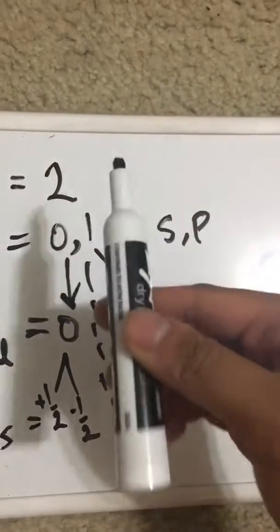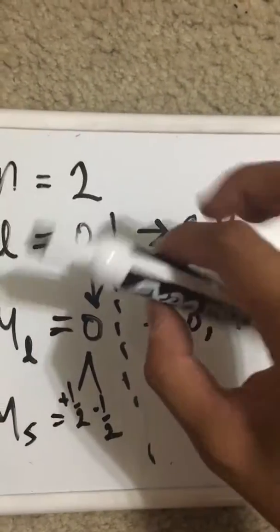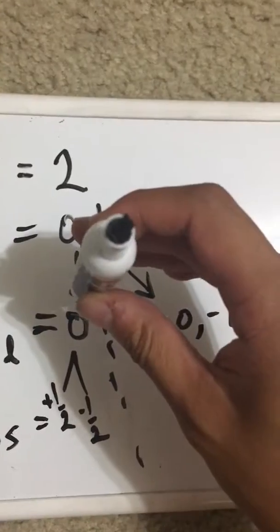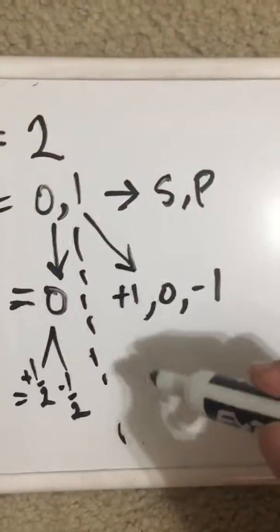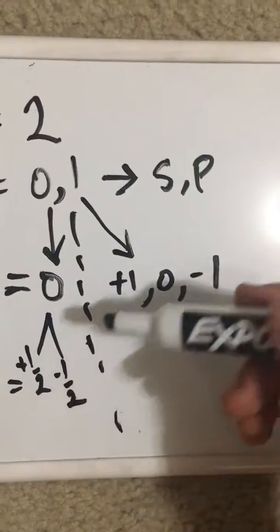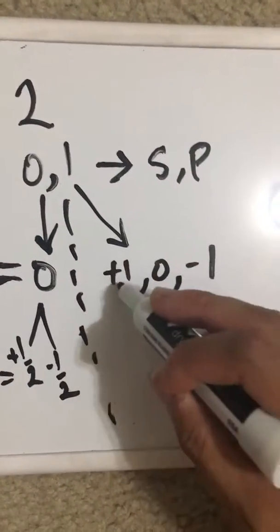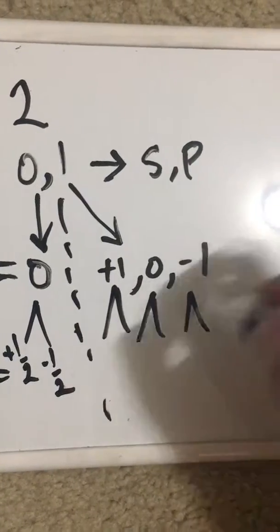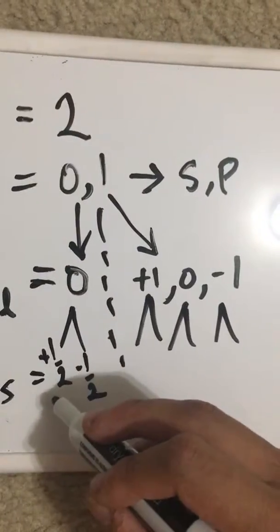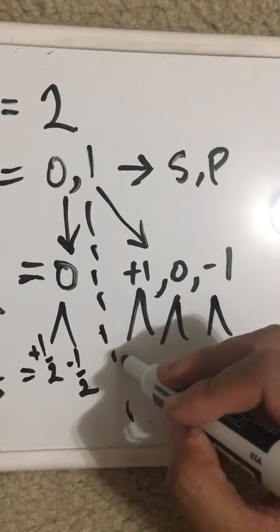Just as I said earlier, P can be oriented like this, or like this. And so this means there are 2 electrons in each orbital. So there's 2 here, 2 here, 2 here. And we know they are all spinning differently in each orbital.